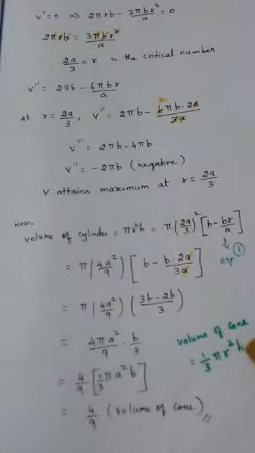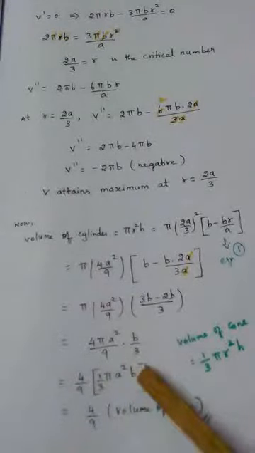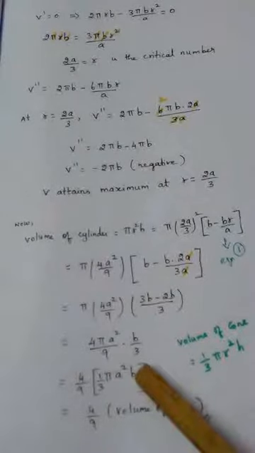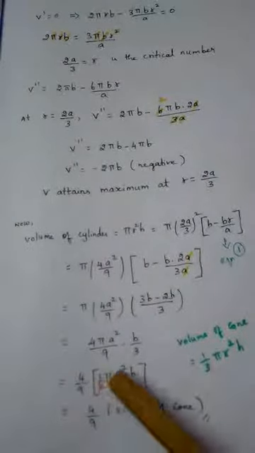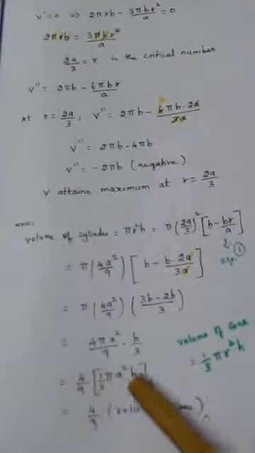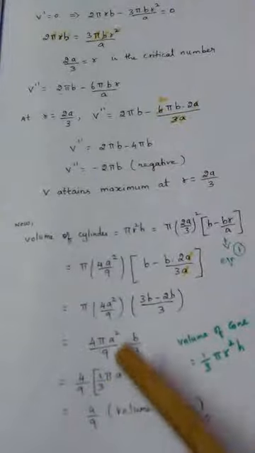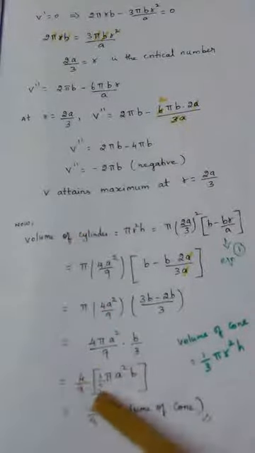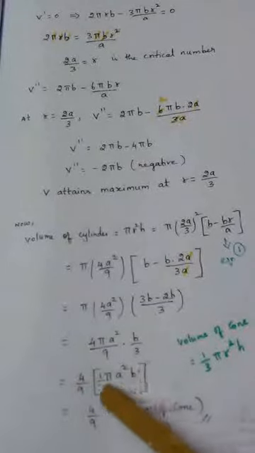Here h is height of the cone, but in this b, what is the meaning? If you see the diagram, beside the diagram we have written what is b. B is nothing but height of the cone. So 1 by 3 pi radius square into height. So this is definitely what? Volume of cone. So we have proved volume of cylinder is equal to 4 by 9 times volume of cone.